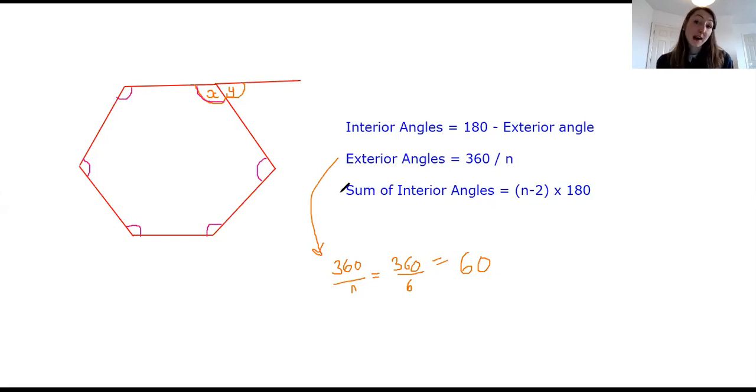And I might be asked in an exam question to work out the sum of the interior angles, and that just means the sum of all those angles inside. Now, using the formula, we can do n minus 2, times 180. Our n, if you remember, is the number of sides. So a hexagon has 6 sides, so my formula here is going to be 6 minus 2, times 180.